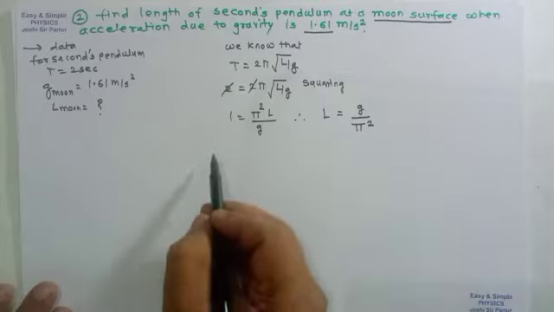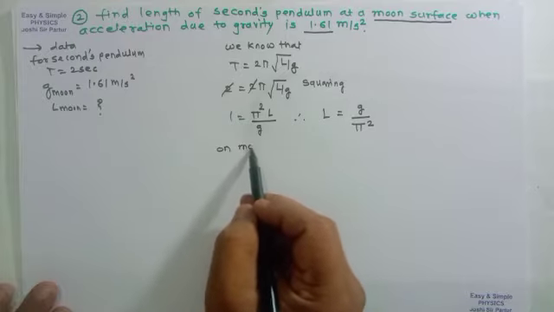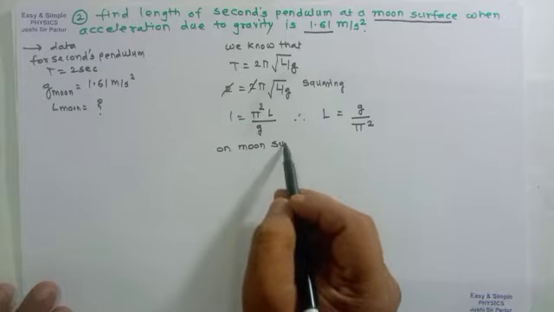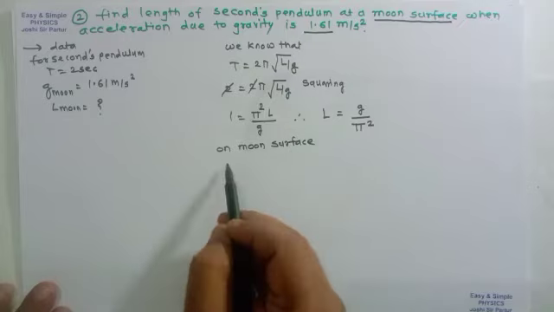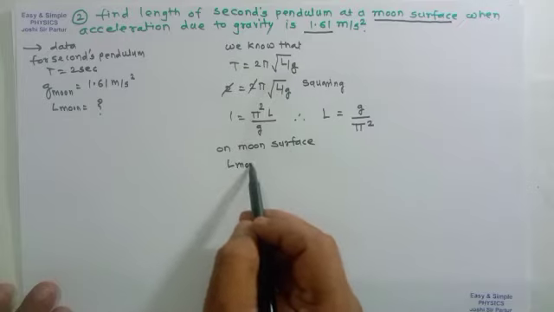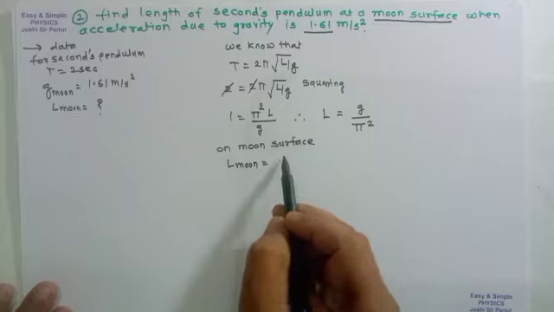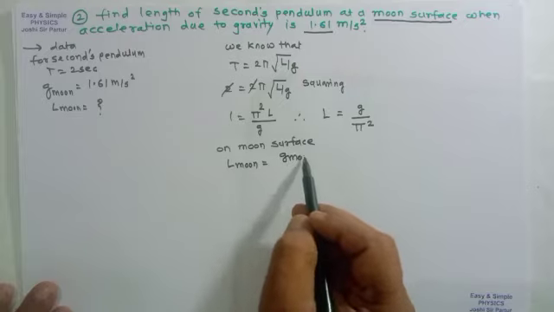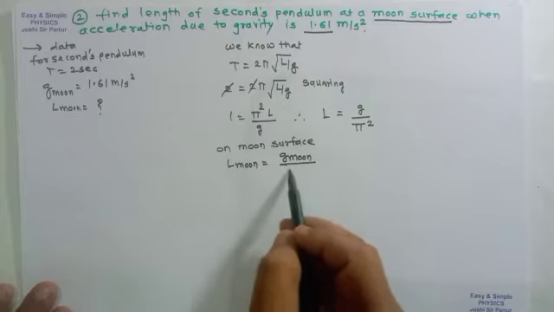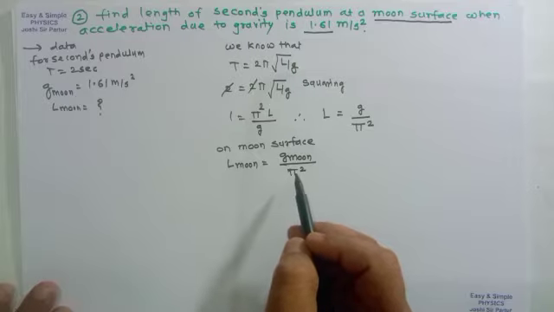Using this formula on moon surface, the length of second pendulum on moon surface is equal to acceleration due to gravity on moon divided by pi square.